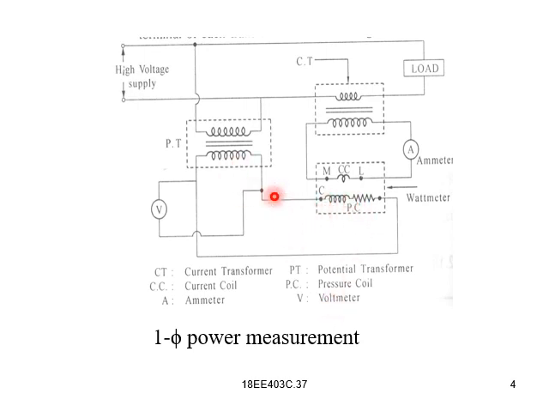Now we'll just see the connections. See here, the high voltage supply is directly given to the load. Let us assume that this is phase and neutral. The PT has both terminals connected across it, so it is connected in parallel.